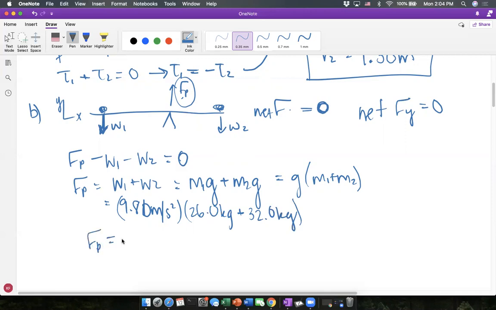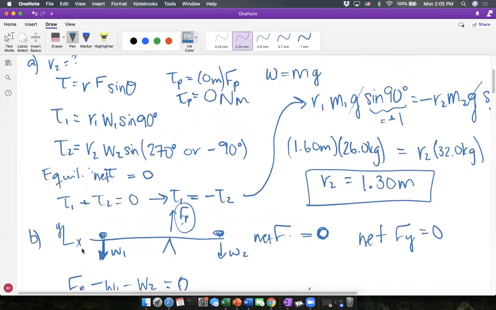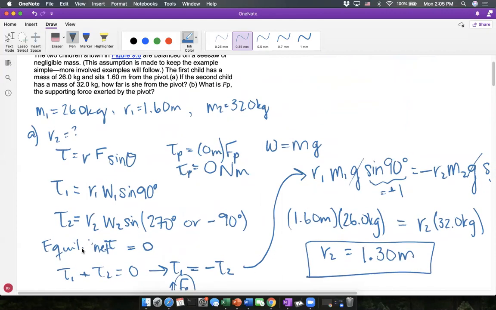And then you obtain 26 plus 32 times 9.8, and we get 568 newtons. So that is going to be the force that's exerted by the pivot.